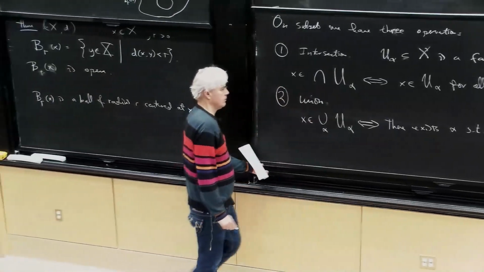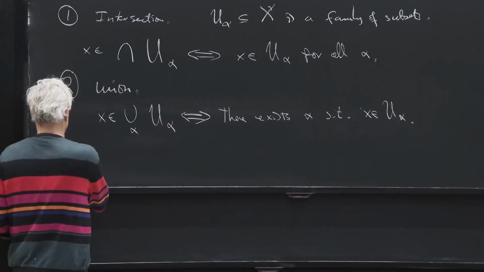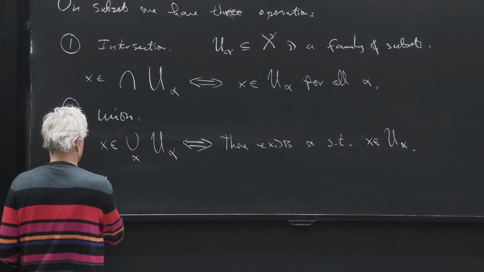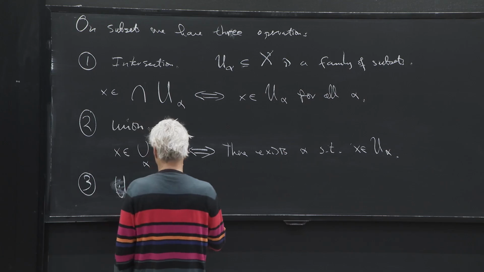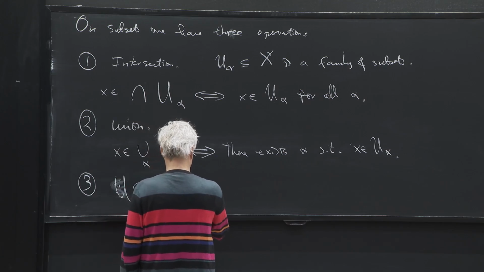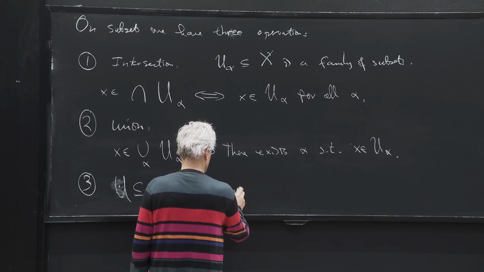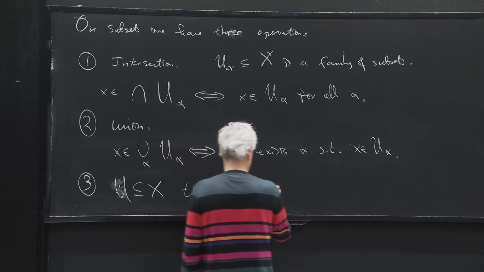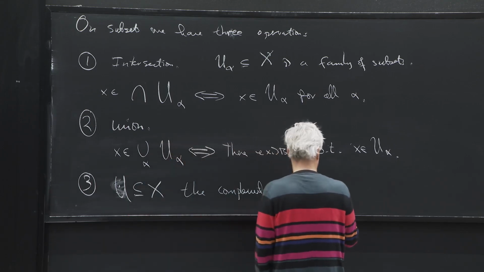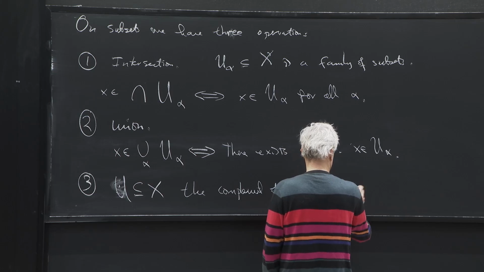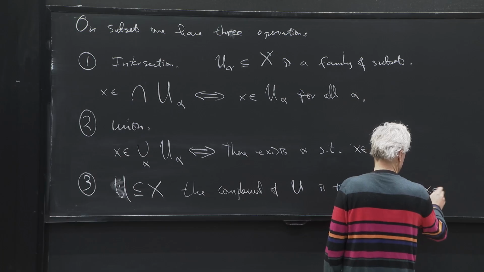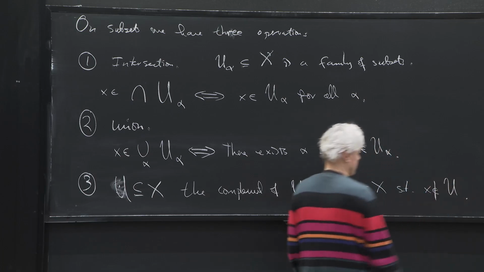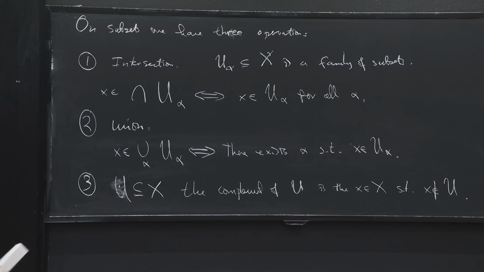And the third operation is that if you have a subset U, then we have the complement of U, which is the x such that x is not in U. That's the complement. So there were these three operations on subsets.